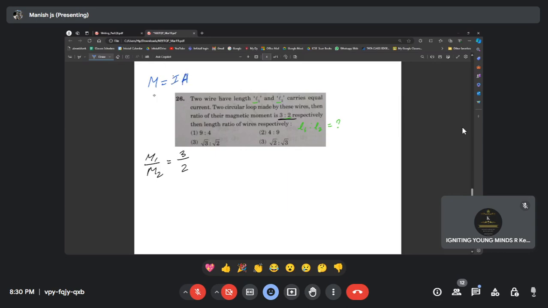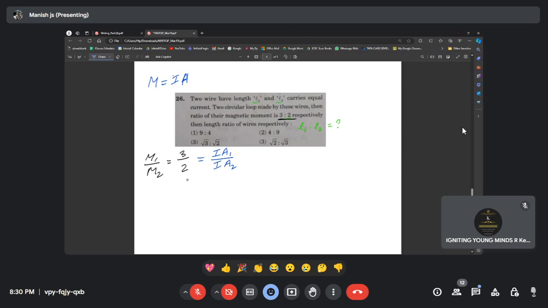If we say it as NIA, because it is just a circular loop and they have not told you the number of loops, we assume it's just going to be one particular loop. So therefore it is I into A, where I is current in amperes and A is area of cross section. So this 3 by 2 can be written as I times A1 divided by I times A2.